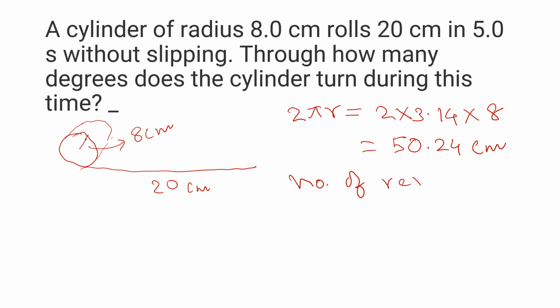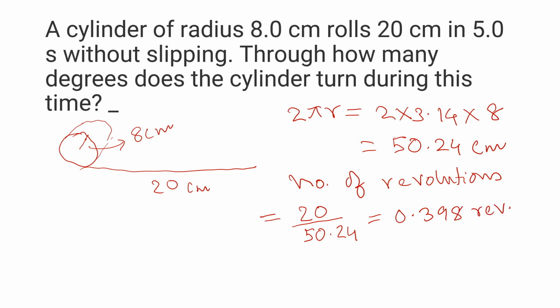So the number of revolutions completed when it is traveling a distance of 20 centimeters is going to be 20 divided by 50.24, and that is going to be 0.398 revolutions.